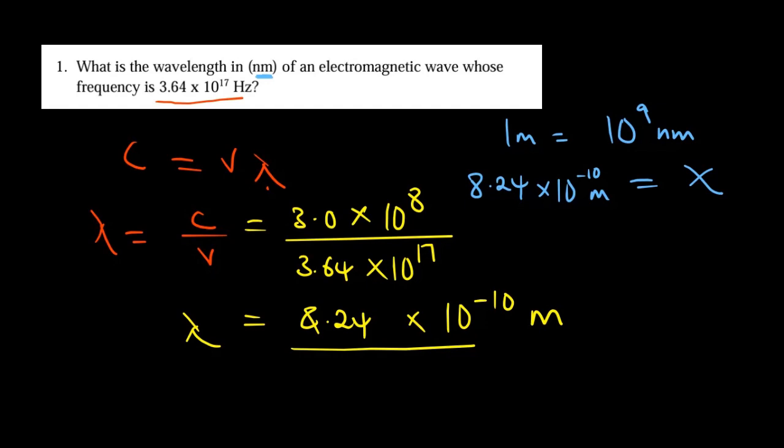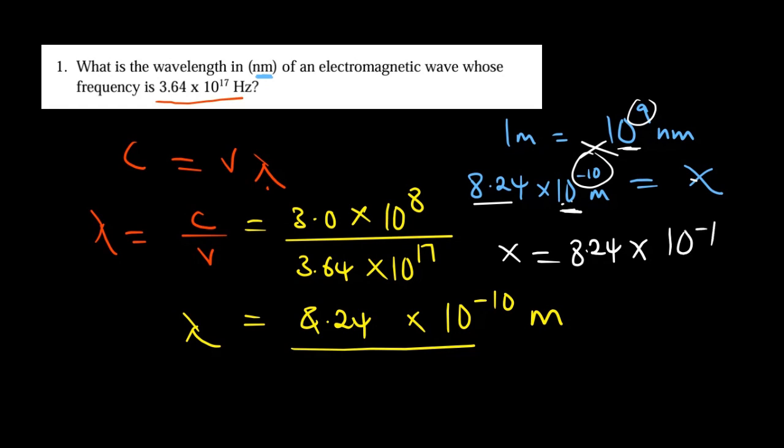From there we'll just cross multiply. So x will be equal to the multiplication of these two. Here I have 8.24 multiplied by 10 and 10. They have the same base, so I can just add their powers. Minus 10 plus 9, I'm just going to get 10 to the power minus 1.